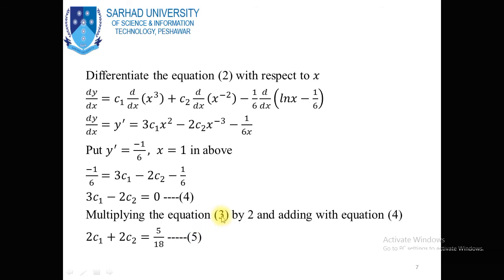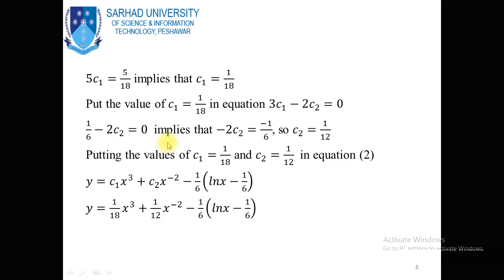So in any equation, putting the value of c1, we obtain the value of c2. You see over here, 1 over 6 minus 2c2 is equal to 0, which implies that minus 2c2 is equal to minus 1 over 6. And now dividing both sides by minus 2, we obtain c2 is equal to 1 over 12.